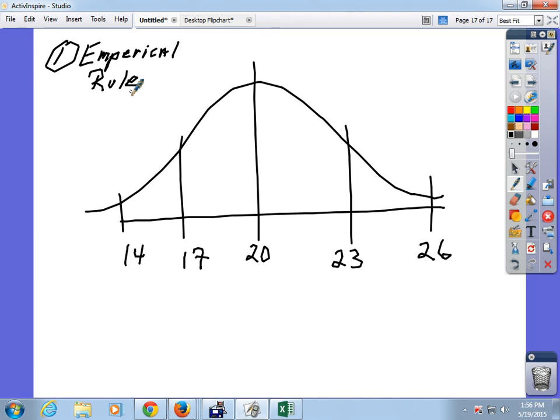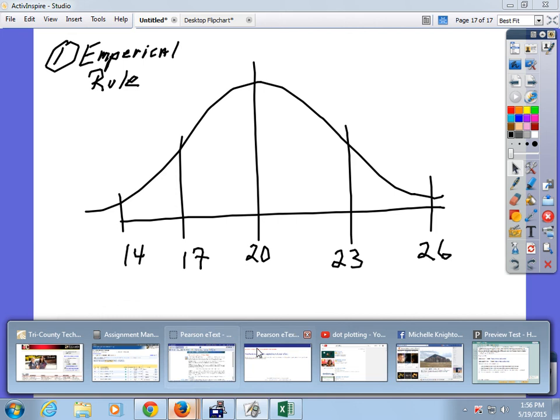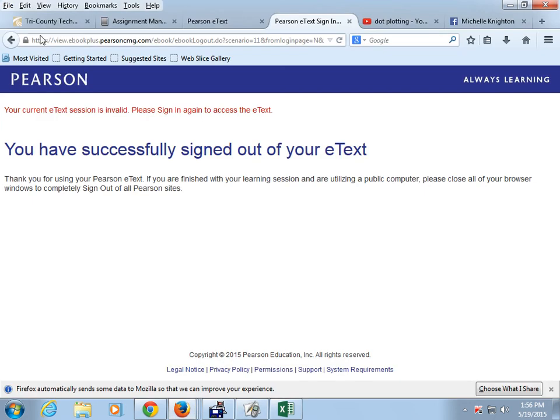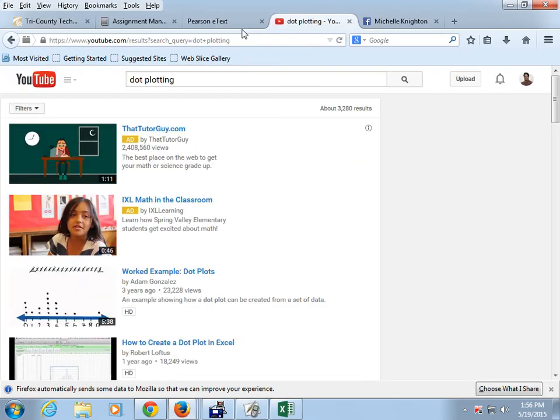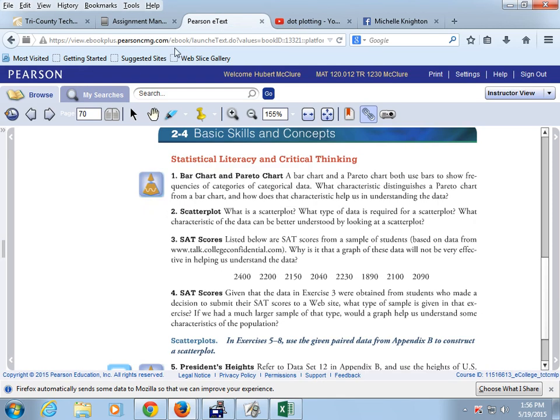I may have it mixed up with some other class. Hold on. Might have been on 103 in that class. I can't remember. Let me turn to it. Make sure you know the empirical rule. Well, hold on. 103.